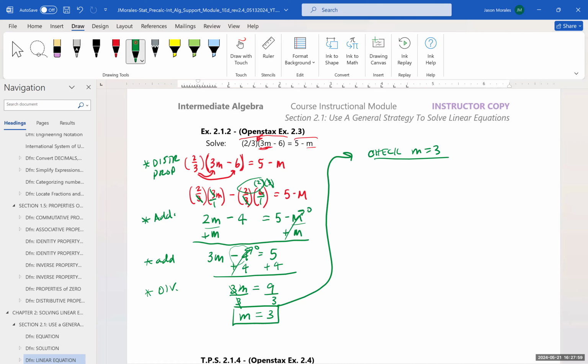So now we've got our solution. Let's check our solution. So we'll put in our original equation, and we'll substitute a 3 everywhere we have an m.